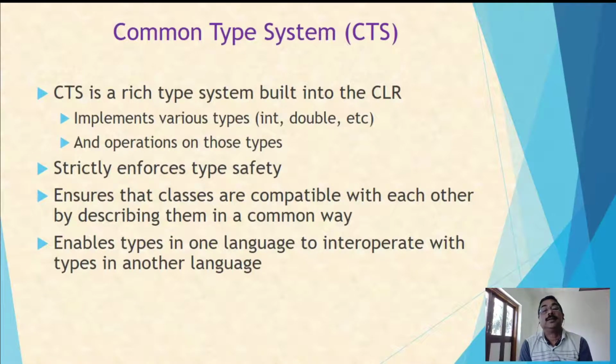Another component of our .NET architecture is the Common Type System, that is CTS. CTS is a rich type system built into the CLR. It implements various types, for example integer, double, float, etc., and all operations on those types which are concerned with other languages.